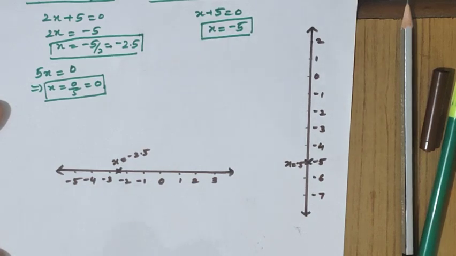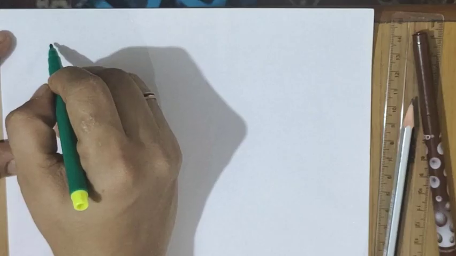We can say how to represent this one. We have to represent on the number line. One more last point I have, variable is there.